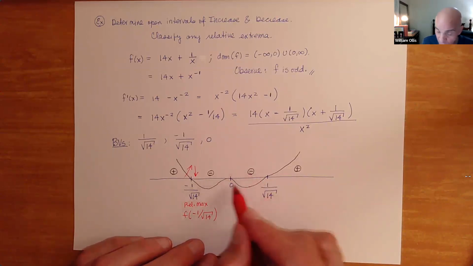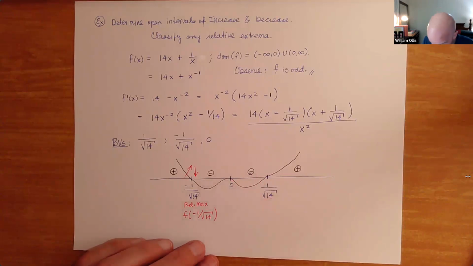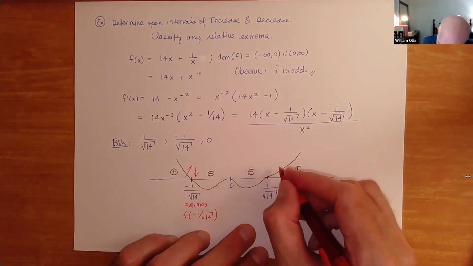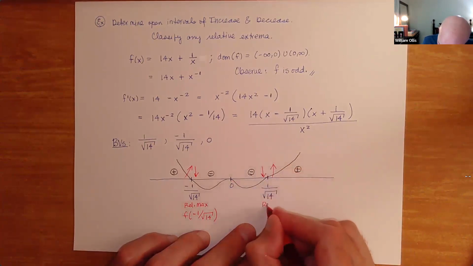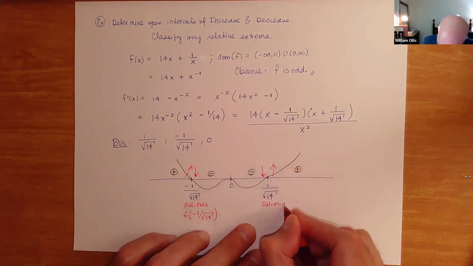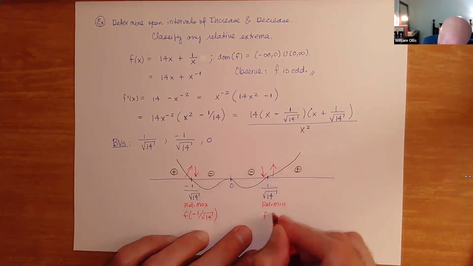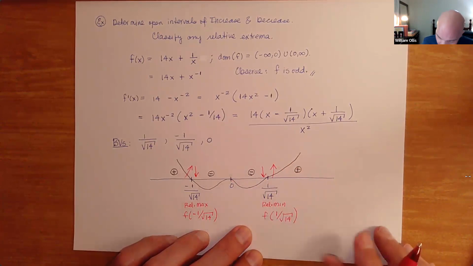So we just disregard that, but it's actually important for the sign. And so here, notice we have the decrease, then we have the increase. So this is a relative min. So we have f of 1 over the square root of 14.